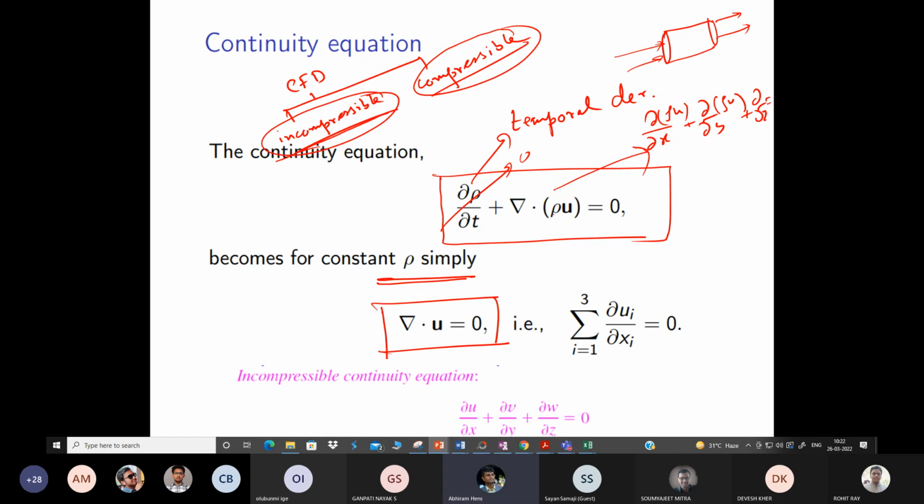If you expand, then del u del x plus del v del y plus del w del z equal to 0, in case of the incompressible continuity equation. So this will be the form of the continuity equation. This is basically the mass conservation equation, and this can be considered as equation number 1 for your CFD problems.